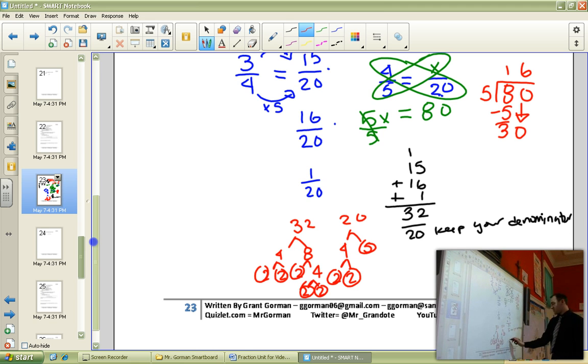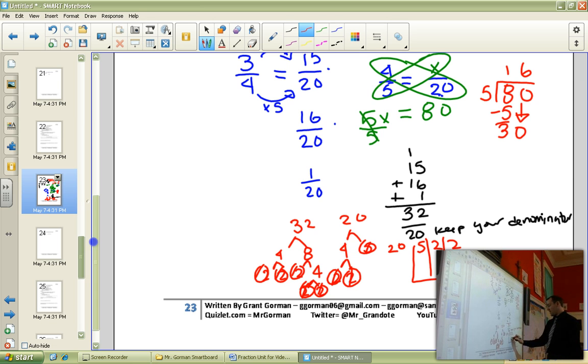Now, remember, for greatest common factor, I need to do one of these little L shapes again. So I'm going to put my 20 here first and fill in those. I had 5, 2, 2. Used all of those. Now, for 32, I have 0 5's, but I have 1, 2, 3, 4, 5 2's.